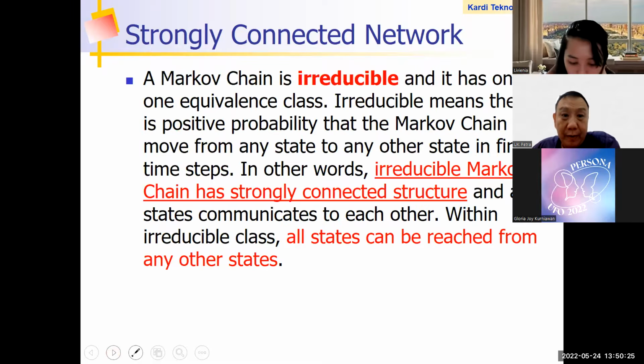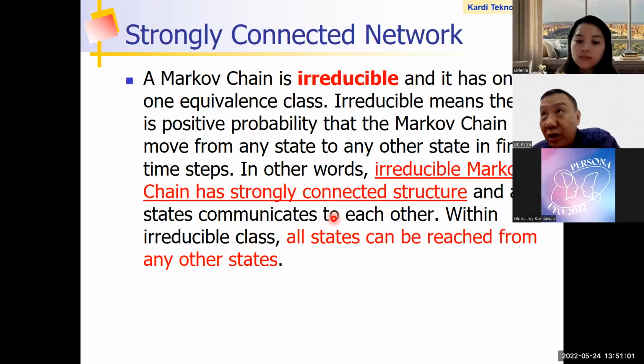Clear? Now come back to Markov chains. A Markov chain is irreducible if it has only one equivalent class. What is an equivalent class? It's a strongly connected network. Irreducible means there is a positive probability that the Markov chain will move from any state to any other state in a finite number of steps. In other words, an irreducible Markov chain has a strongly connected network, and the states communicate with each other.